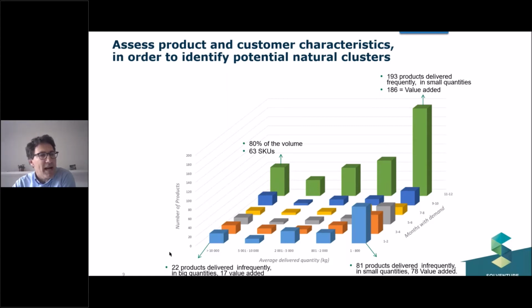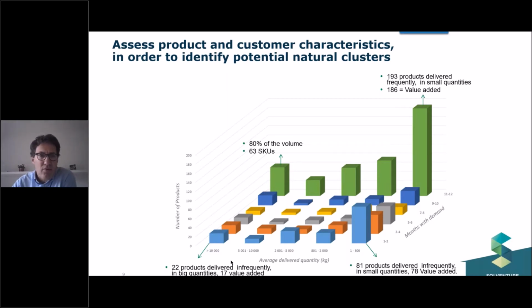And also identify whether the company is behaving in a different way, or behaving as you would expect for these different characteristics. For example, here we assessed whether for the SKUs with infrequent demand and very lumpy quantity, high quantities but infrequently, you would expect those are truly made to order.